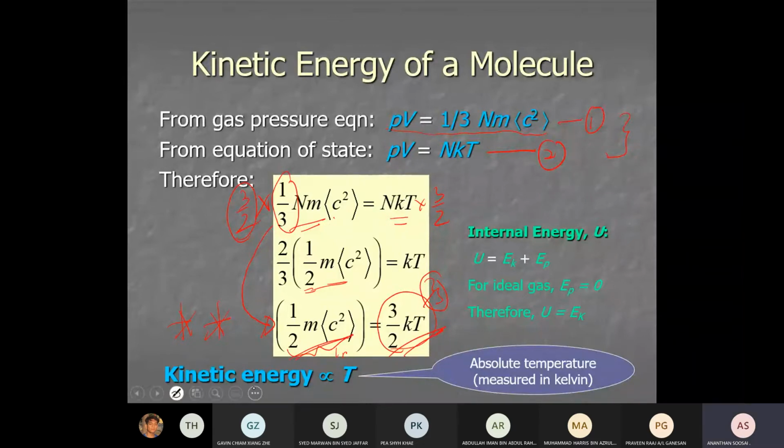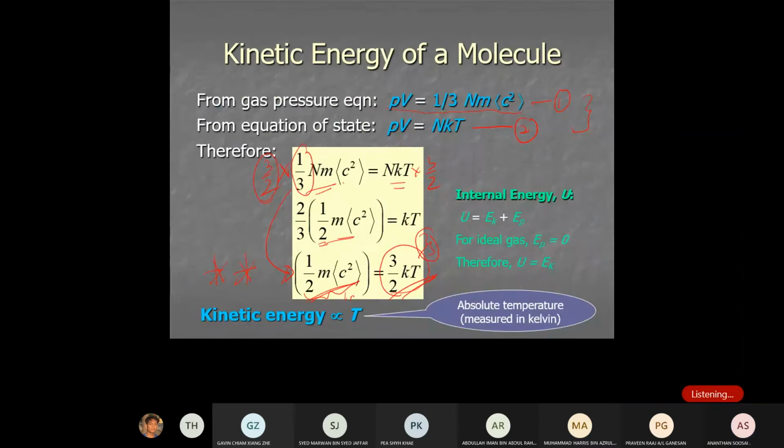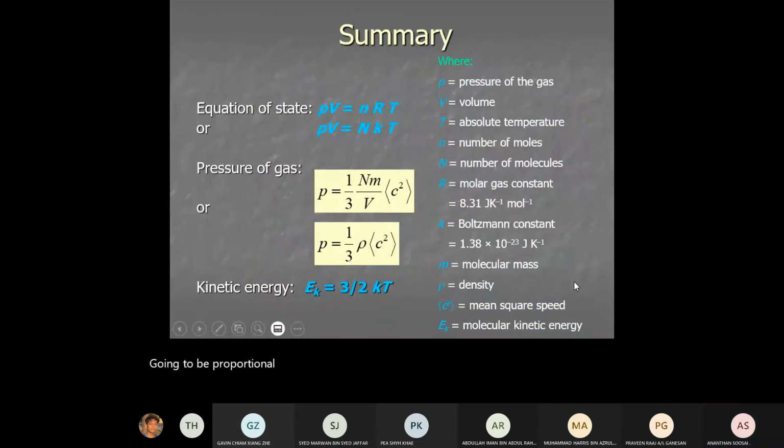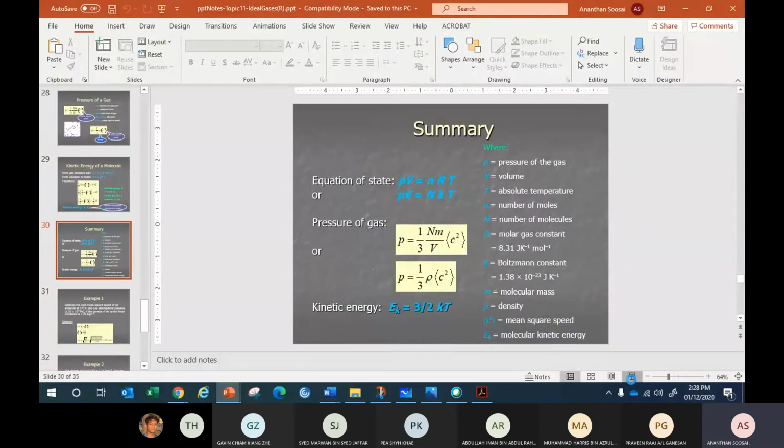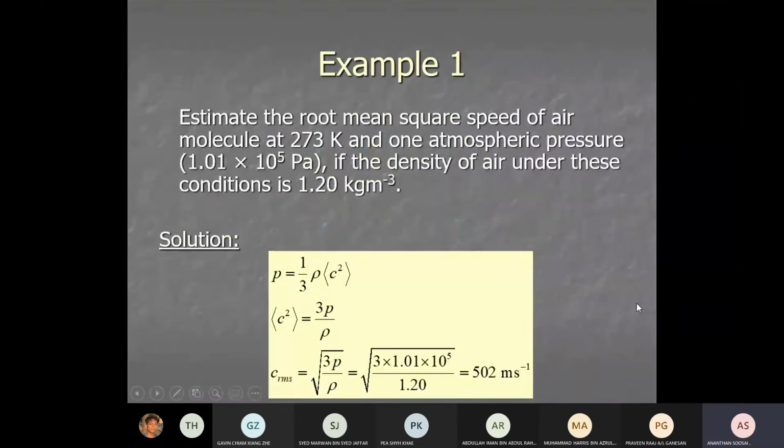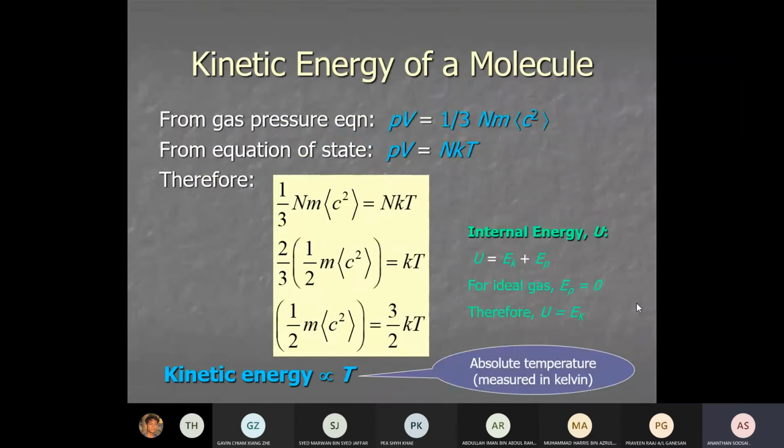So the kinetic energy of the particle is found to be proportional to temperature. Last time you said when temperature rises, kinetic energy of the particle rises.